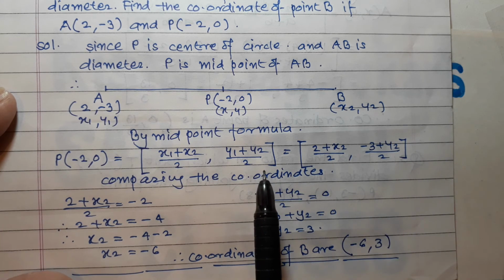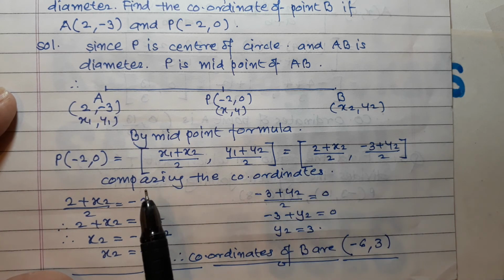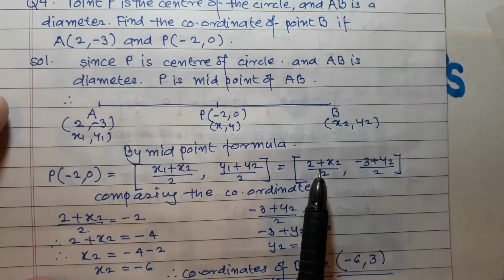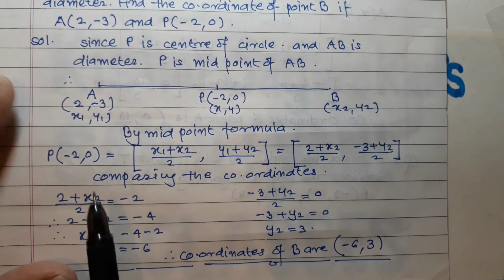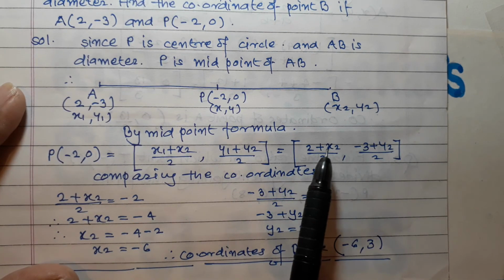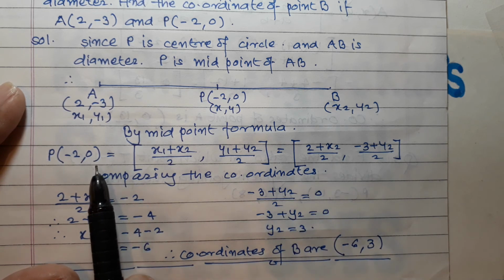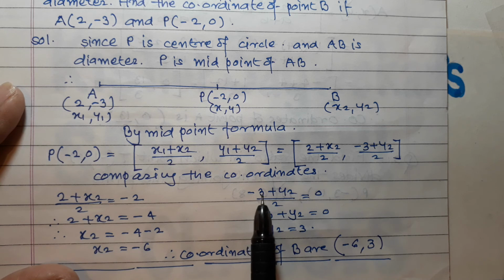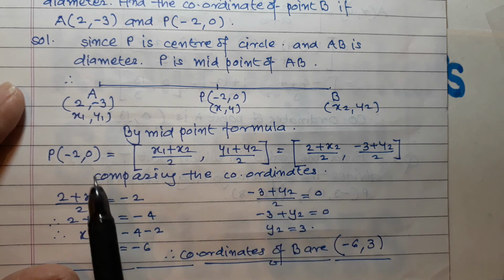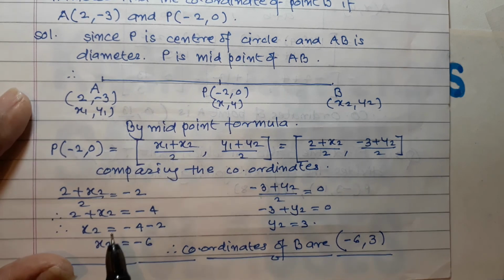Then compare one of the coordinates. Comparing the coordinates, (2 + x2)/2 = -2 and (-3 + y2)/2 = 0.